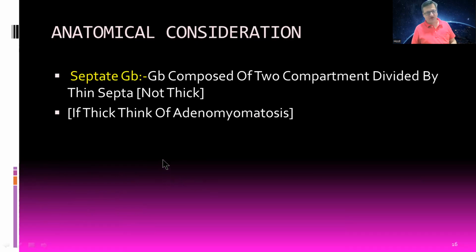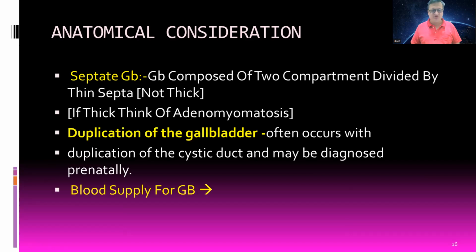Now, septate gallbladder: when the gallbladder is composed of two compartments divided by a thin septum, it is known as septate gallbladder. It is usually not thick. If a thick septum is present, you should think of adenomyomatosis. Then duplication of the gallbladder often occurs when duplication of the cystic duct may also be present, and it may be diagnosed prenatally.